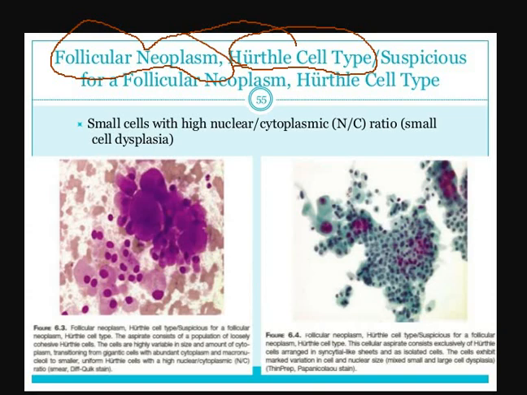Now, how does it metastasize? The papillary type usually metastasizes by lymphatics. In the follicular type, it metastasizes by blood, hematogenous.